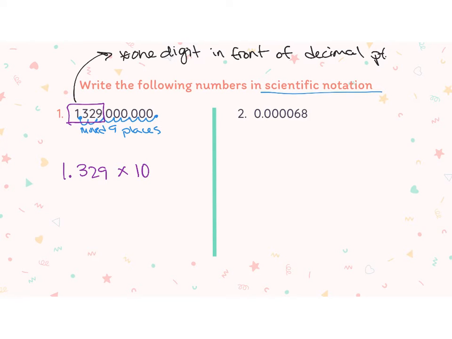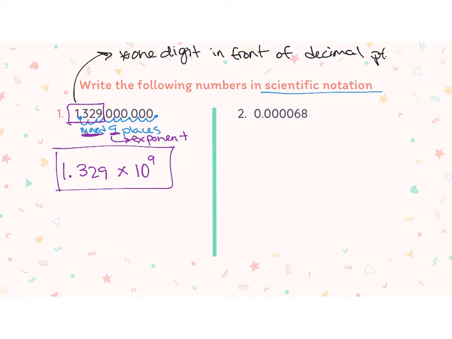There's our base 10 that we were talking about, raised to the number of times we moved our decimal point. So since we moved our decimal point 9 times, we raise it to the 9th power. So it's 1.329 times 10 to the 9th power. That is your scientific notation. However many decimal places you moved, that becomes your exponent.